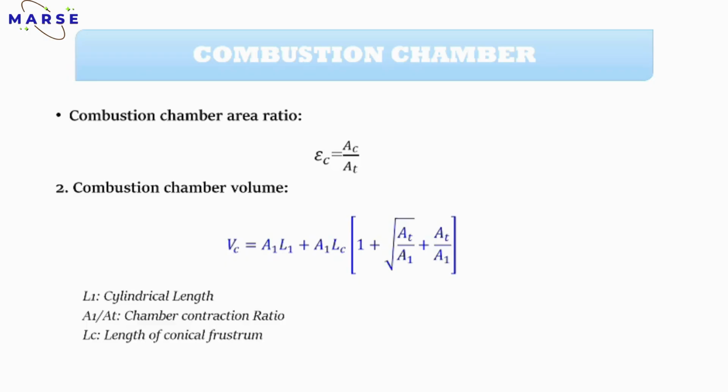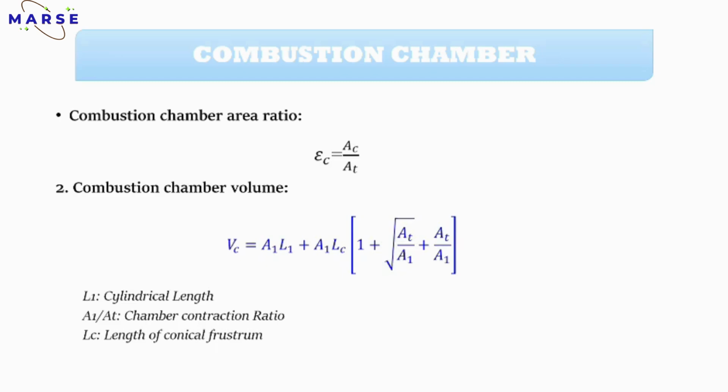Then the combustion chamber volume. This is the chamber volume formula. If you want to calculate the chamber volume, you have to know all these particular terms like A1, At, L1, Lc. L1 indicates the cylindrical length.